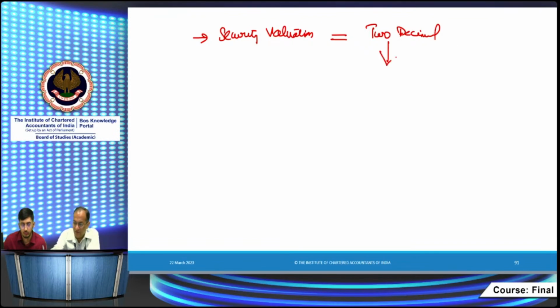Now suppose you are following a question on security valuation. So here 2 decimal points are okay if nothing has been mentioned. But for accuracy, if this value is used for any valuation of a company, then of course 3 decimal points can be considered also. Generally, for a valuation of a company, 3 decimal points of a security price are taken.